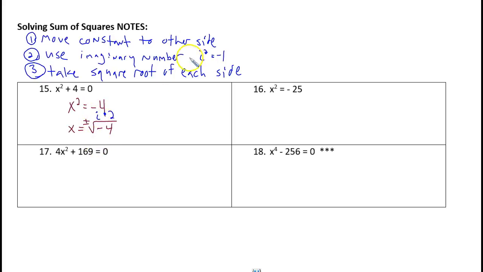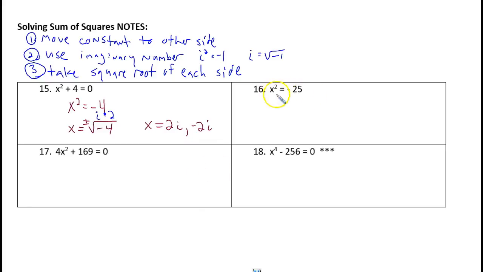Remember, i is the square root of negative 1, and i squared is negative 1. We can deal with all of these together. I'm not going to write this as i times 2. Instead, I'm going to write it as positive and negative 2i. So x equals 2i and negative 2i, meaning 2 times the square root of negative 1 and negative 2 times the square root of negative 1.